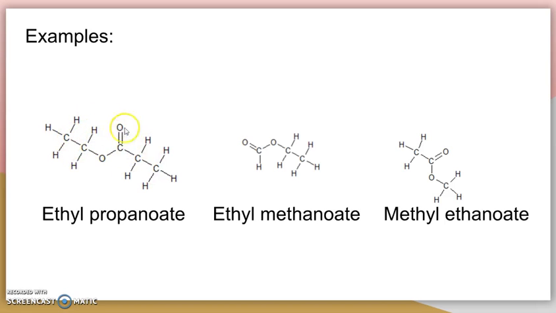The one that is connected to the double bond O will indicate the last part of the name. The part of the carbon chain that does not have a double bond O will give me an indication of the first part. The name of this ester over here, ethyl propanoate.